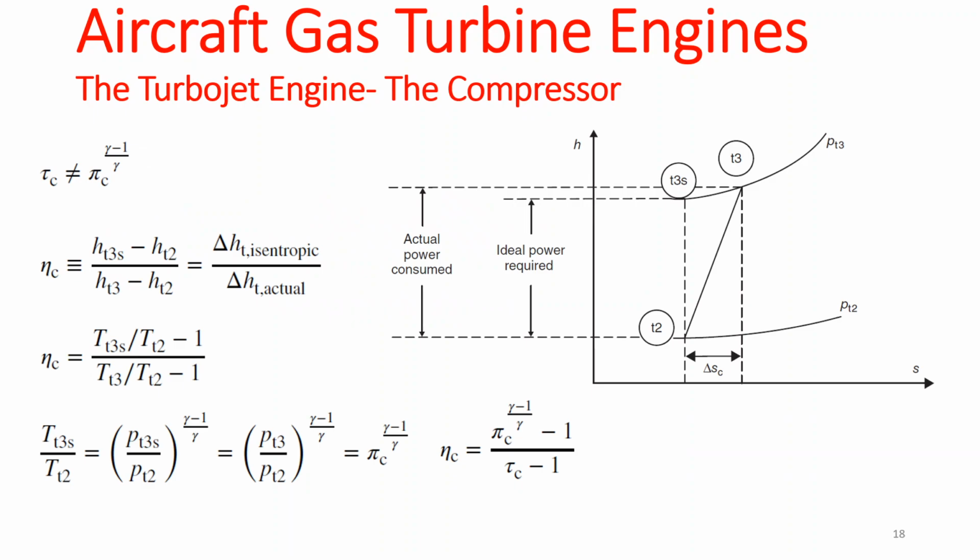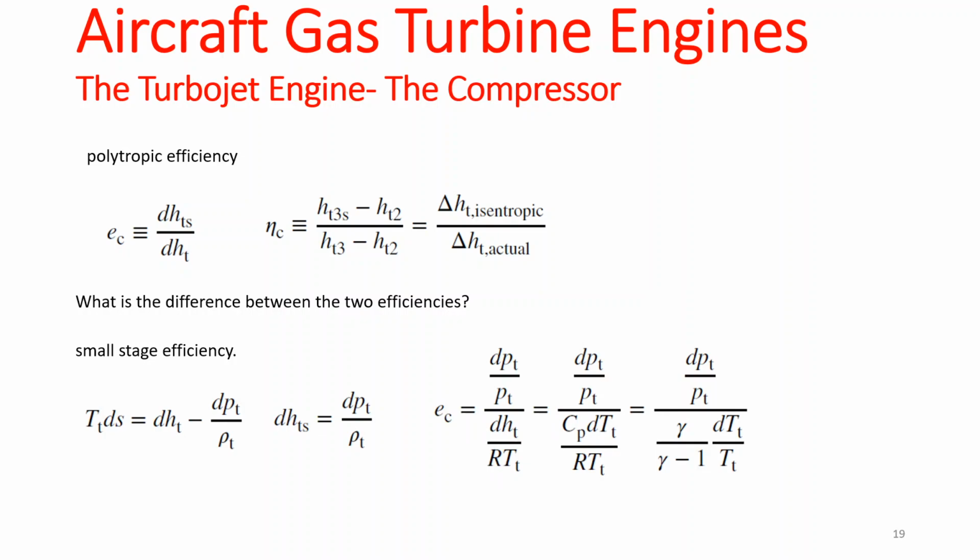This meant that the isentropic relationship is not true here, the temperature ratio and the pressure ratio. For the online people, I'm talking about this first equation here. The temperature ratio is not equal to the pressure ratio to the power gamma minus 1 over gamma, because it is not an isentropic process.